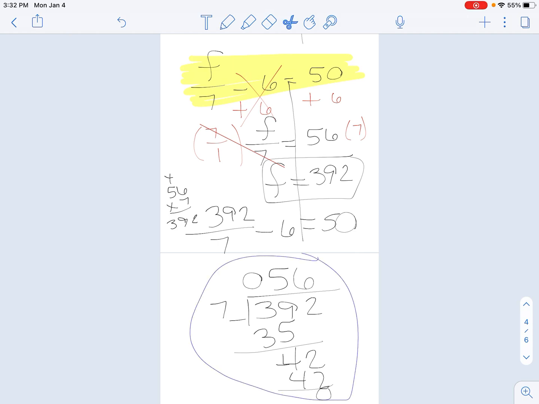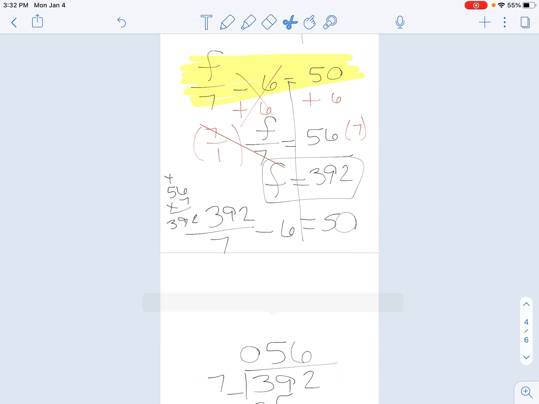I'm going to move this down a little bit. Okay, so that answer was 56. So now, if 392 divided by 7 is 56, and 56 minus 6 is 50, 50 equals 50, check.